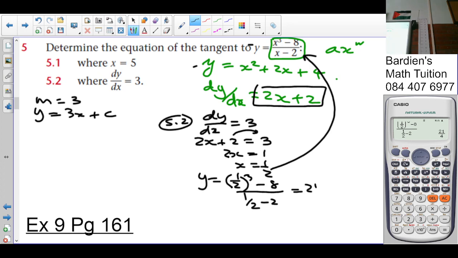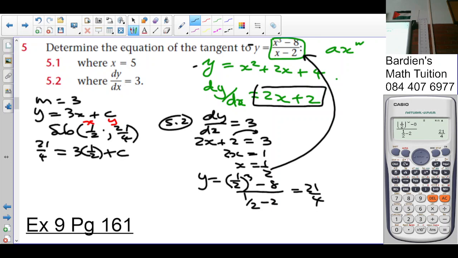Right, so the point of contact is half and 21 over 4. Remembering, that's an x and a y. That's a point of contact between the tangent and the function. So I got 21 over 4 equals 3 times a half plus c.